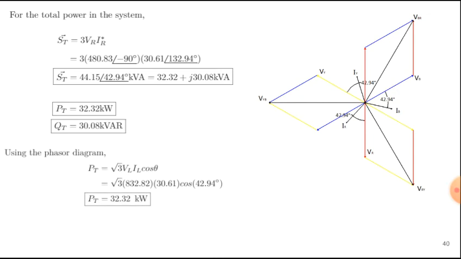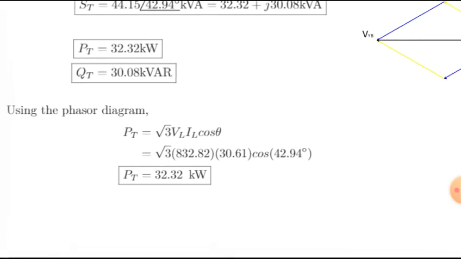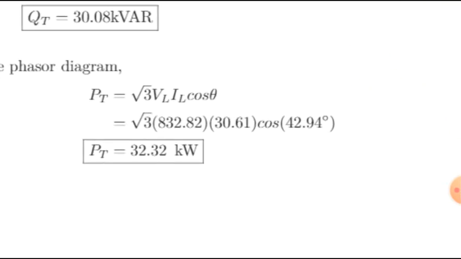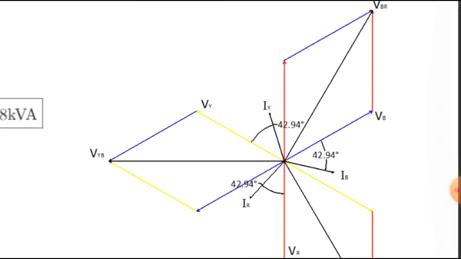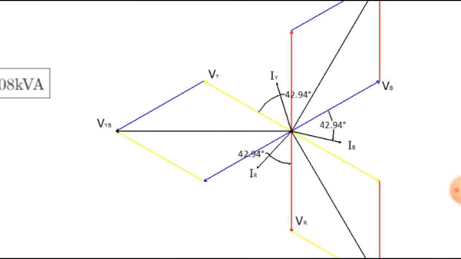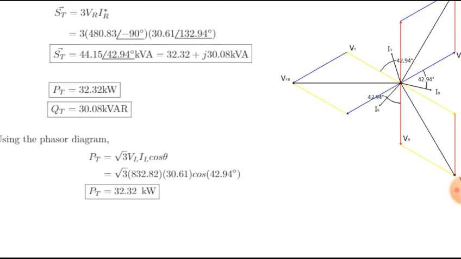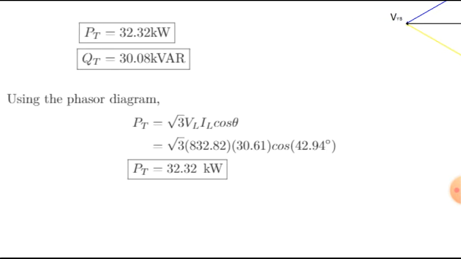If you want to use the other formula using that phasor diagram, P total is equal to square root of 3 V line times I line times cosine theta. And our theta is 42.94. Why 42.94 in the phasor diagram? That's the angle between the phase voltage and the phase current, not the line one. And you also come up with the same value, 32.32.